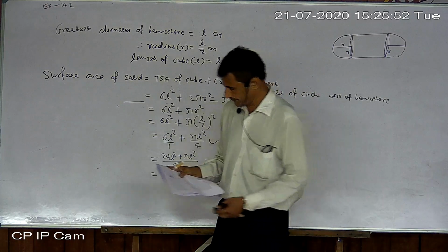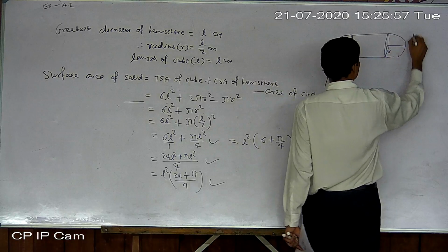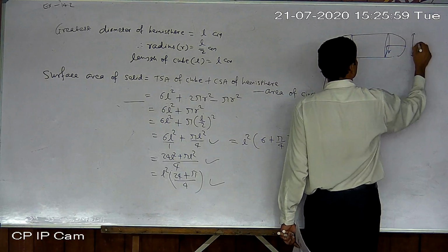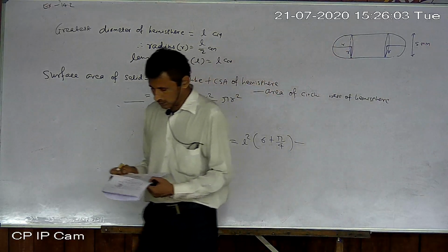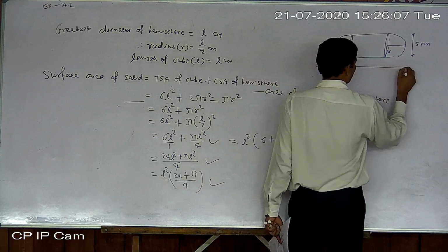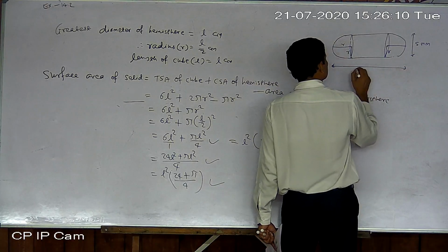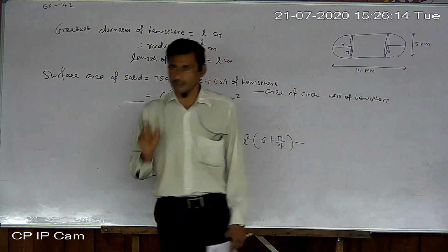What is given? 5 millimeter diameter is given. You just look at the figure. Then total length 14 millimeter is given. For total length, I told you they mostly give us the total length, not the length of any particular shape.